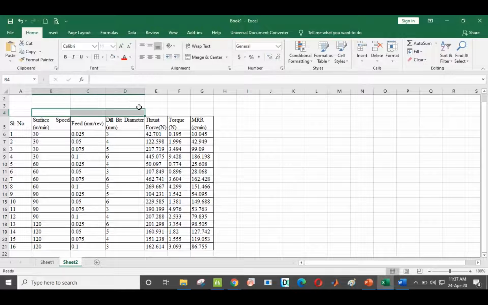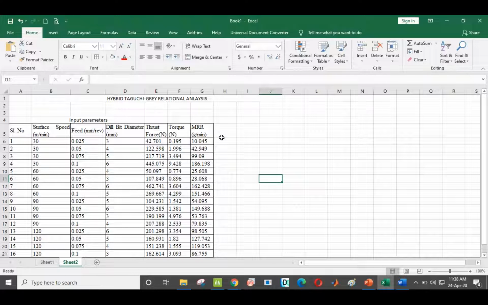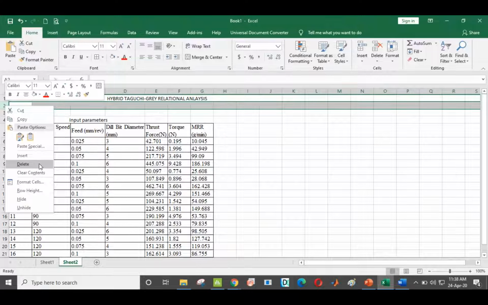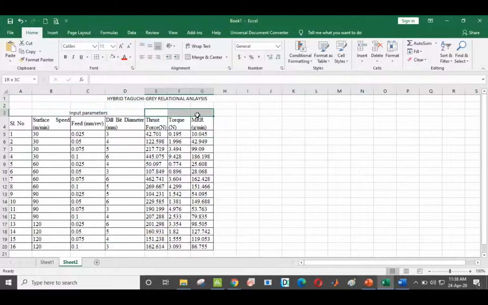Right, these three are my inputs, and these three are my outputs. So in Taguchi based analysis, the first thing that we have to do is determination of SN ratio.